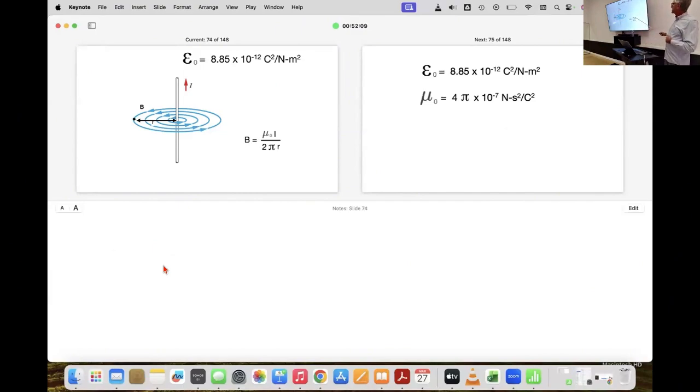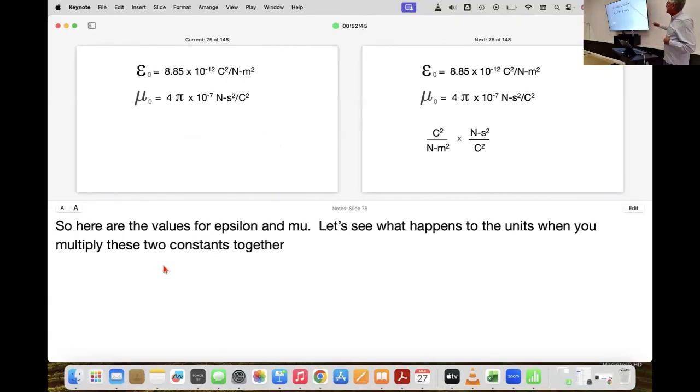It's mu naught times I, the magnitude of the current, divided by 2 pi r. Okay, that's just to tell you where these constants come from. But one point is they're simply found experimentally by doing these experiments and asking how we would express B in a way that the force comes out as newtons. You want it to come out as newtons if you're talking about a force. Well, you'd have to have this conversion. Okay, fine.